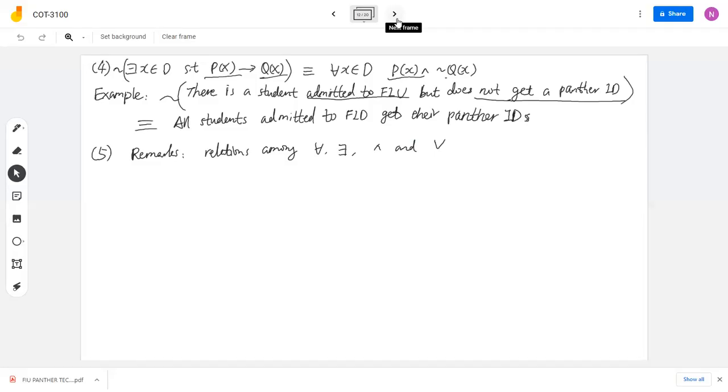If you look at this example more carefully, you may notice the similarity between the negation of a quantified statement and De Morgan's law. Why is that? I think you can see this is because of a very simple reason.